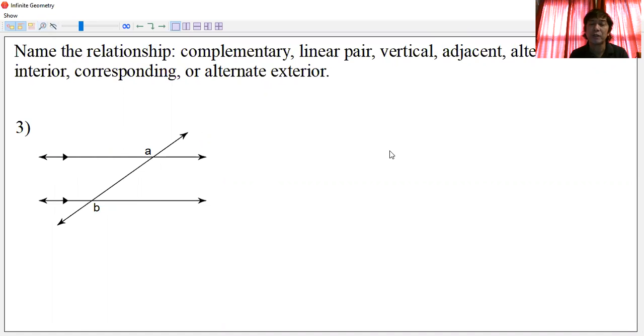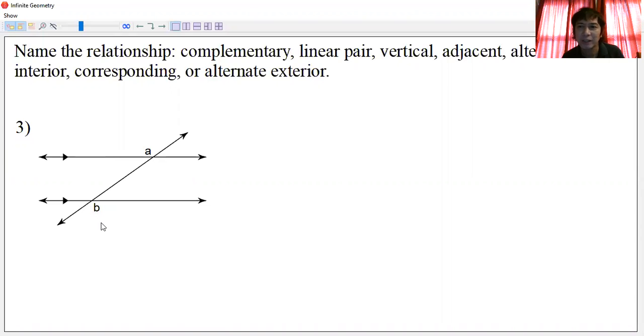Again, we are presented with a diagram with two parallel lines because of this symbol here, two parallel lines and a transversal which intersects the two lines at two different points. Now, the angle A is outside the two lines, and also angle B, and they are on opposite sides of the transversal. It's A on one side and B on the other side.